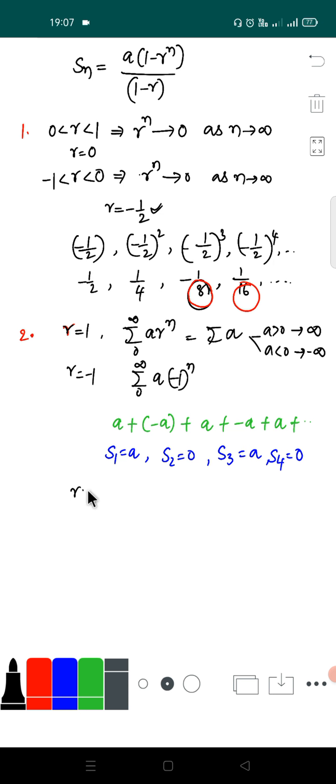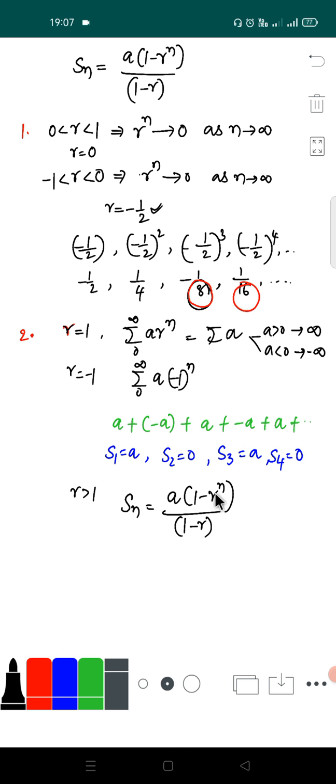If r is greater than 1, take the sequence of partial sums here. Sn is a into 1 minus r to the power of n divided by 1 minus r. Here r is greater than 1.